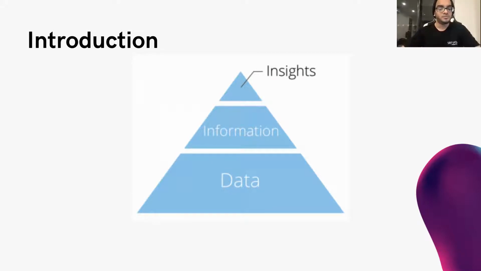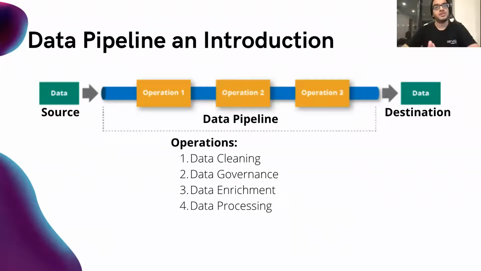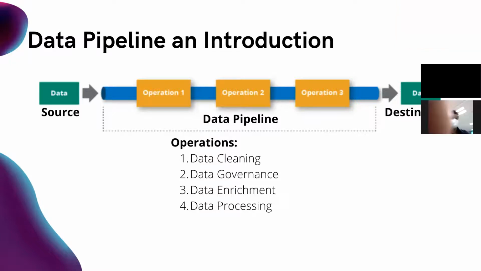So continuing forward, let's move into what a data pipeline looks like. A data pipeline is nothing but moving data from one place to another by means of various different steps in between. These steps take in various types of data, or data at its different stages, and are usually used to perform a bunch of operations.